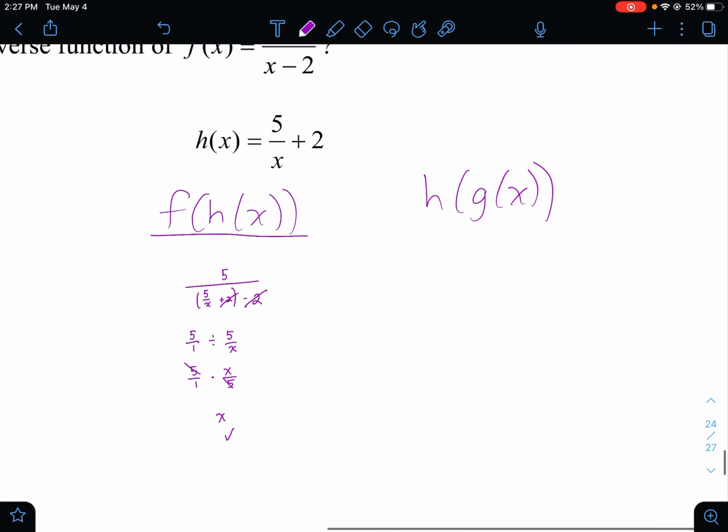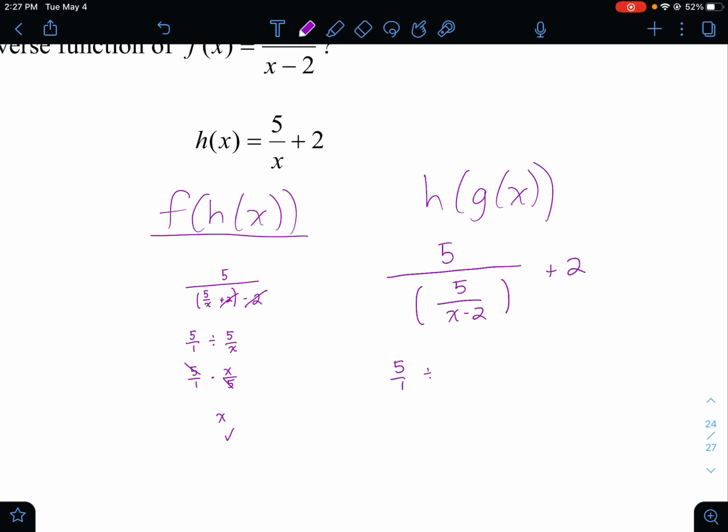That's awesome. But now what about h of g of x? Still have to do this one because it might not work out. So my h function is 5 all over x plus 2. This is 5 over x minus 2. So I end up having 5 over 1 divided by 5 over x minus 2.